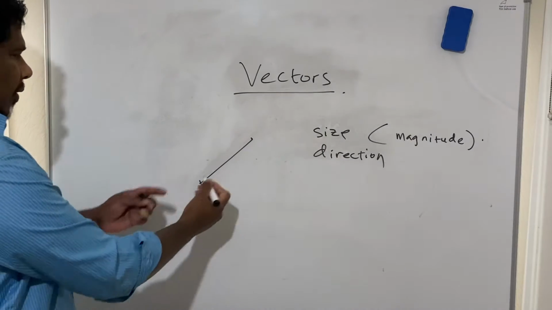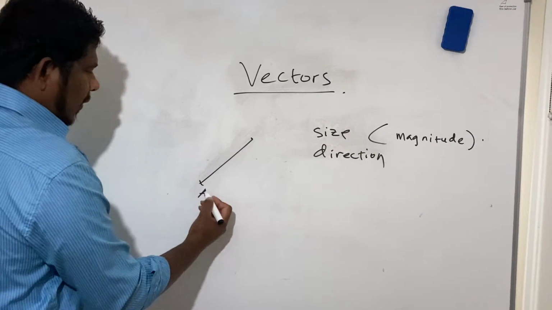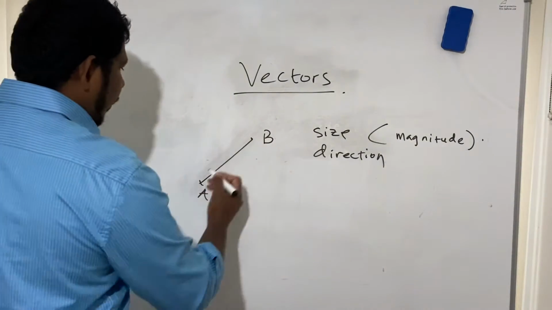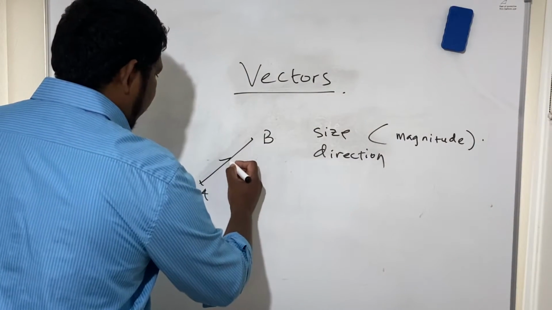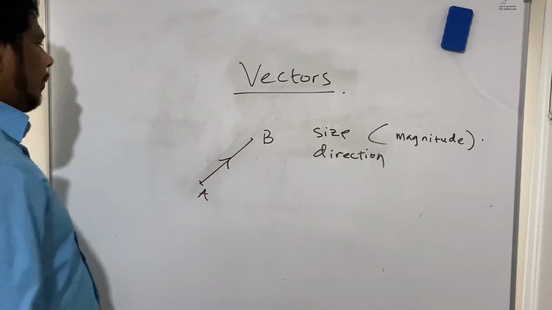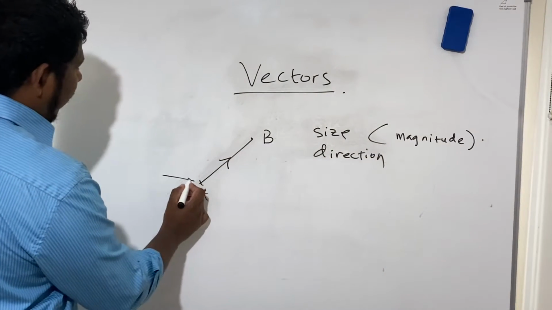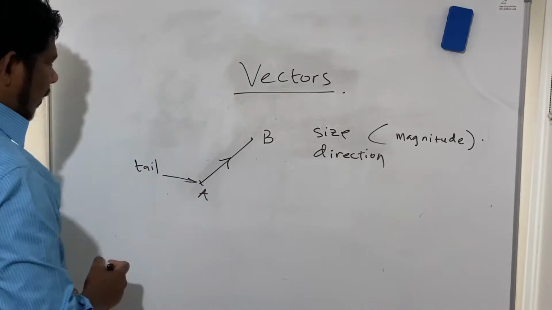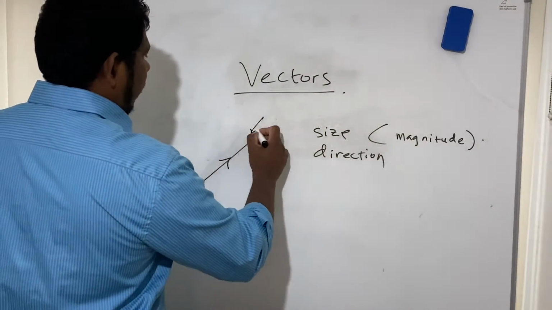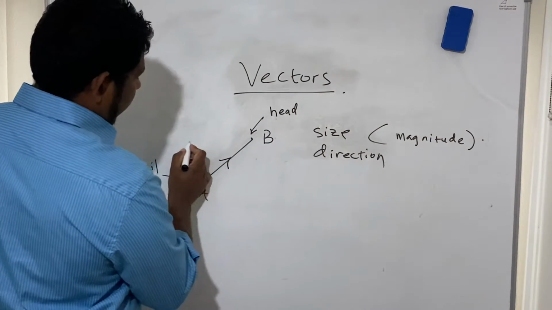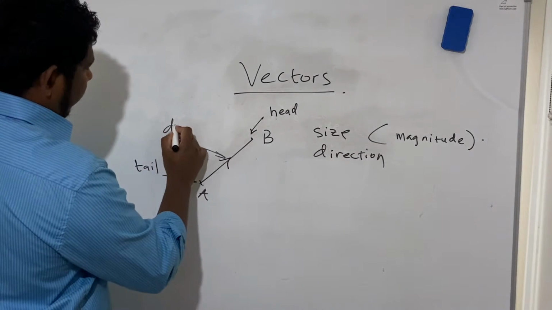Okay, we take a straight line with a starting point A and end point B, and the line has a direction, indicated by an arrow. So the starting point is known as the tail, and the end point is the head, and this is the direction.